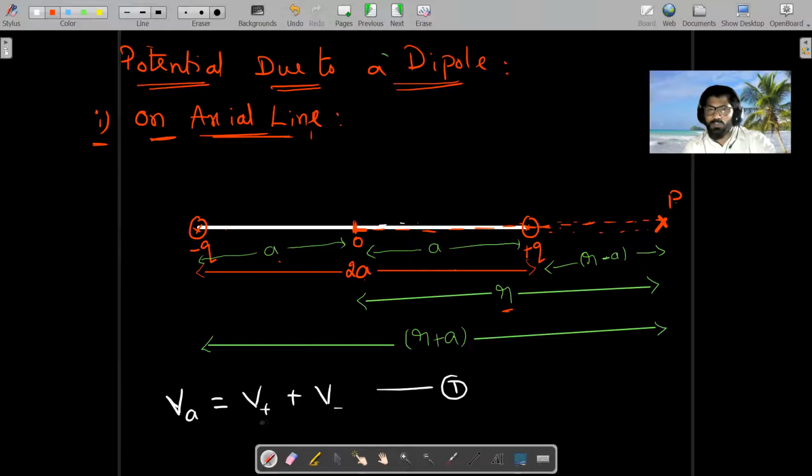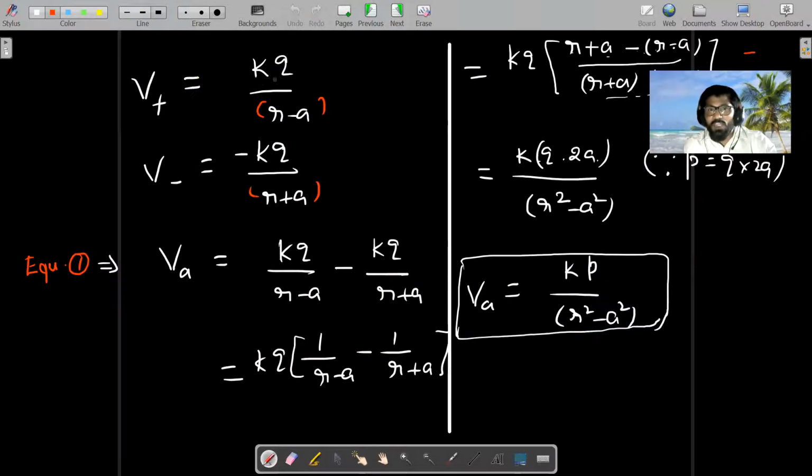So the potential due to the positive charge, which is at the distance of r minus a, is given by what we already know: the potential due to any single or isolated charge is kq by r, taking the sign of the charge into consideration. Due to the positive charge, V plus is equal to kq by its distance from the point.